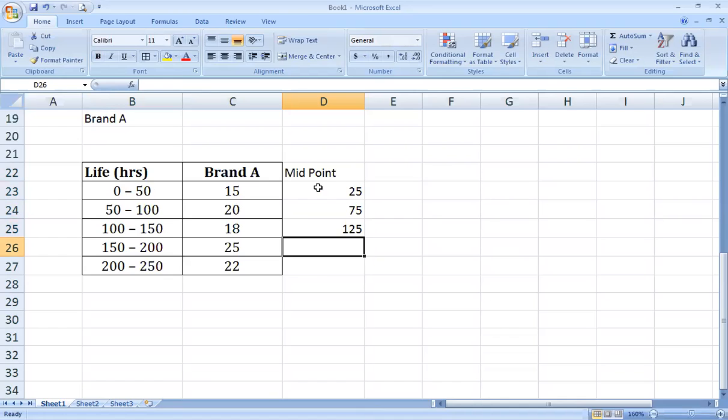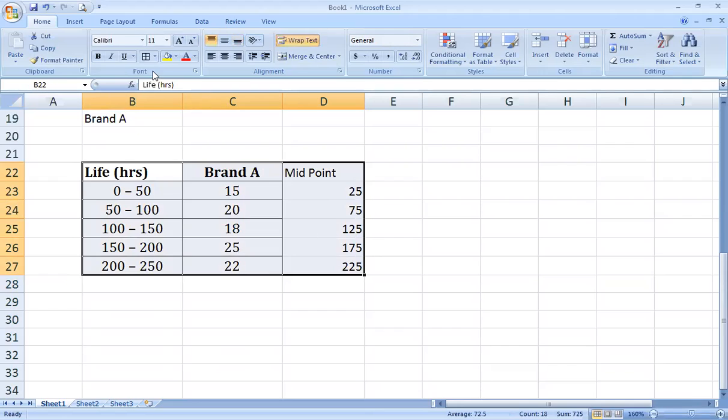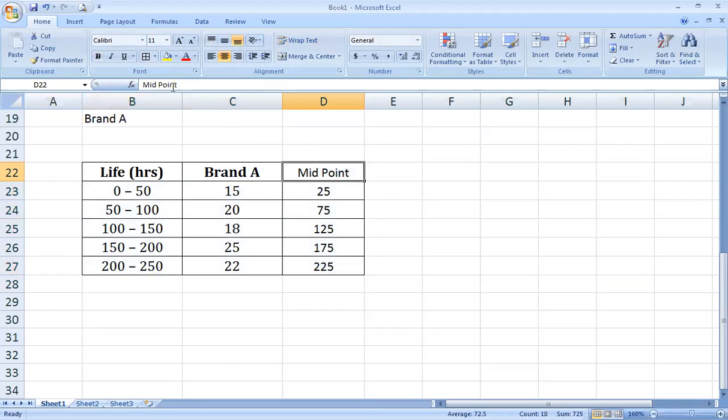Then 350 divided by 2 is 175. Then 450 divided by 2 is 225. So this is our midpoint.